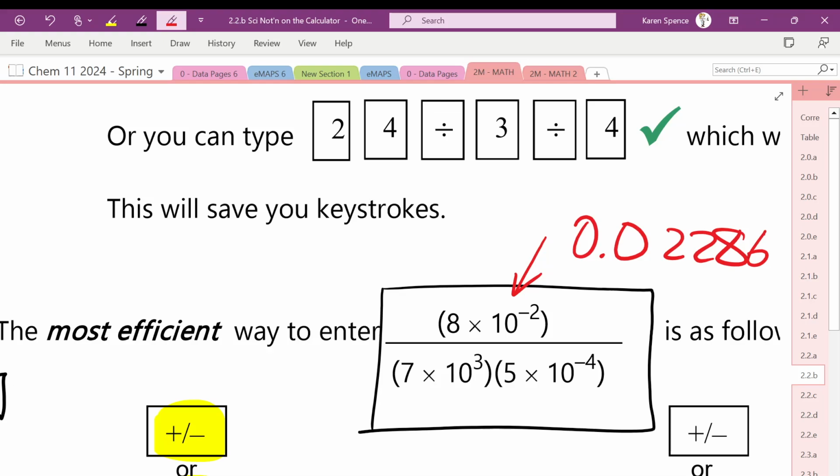Divide by 7. Divide by 5. What? Ow. Why? Oh my god. Oh, that makes sense.